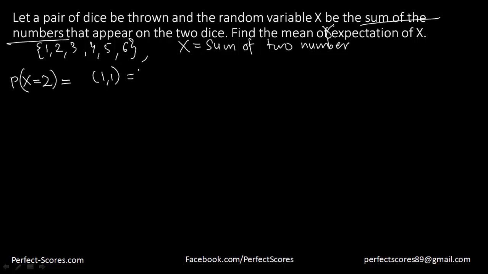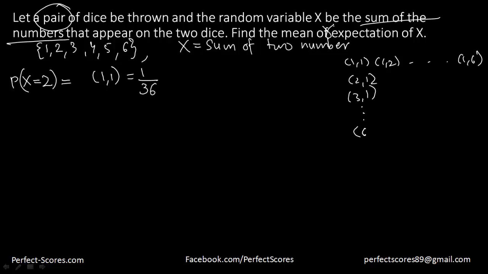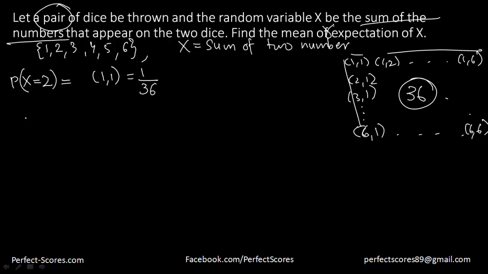So the answer is 1, that is one case divided by the total number of cases, which are 36, because we are throwing a pair of dice. The cases are 1 1, 1 2 all the way till 1 6, 2 1, 3 1 all the way till 6 1, and all the way till 6 6. There are 6 cases here, 6 cases here, so a total of 36 cases.